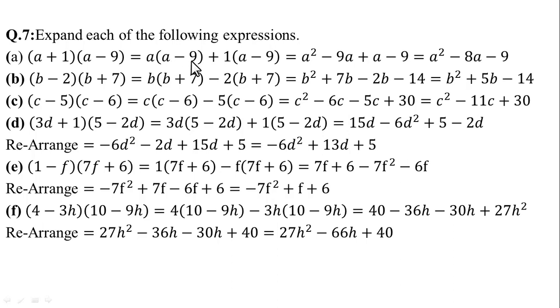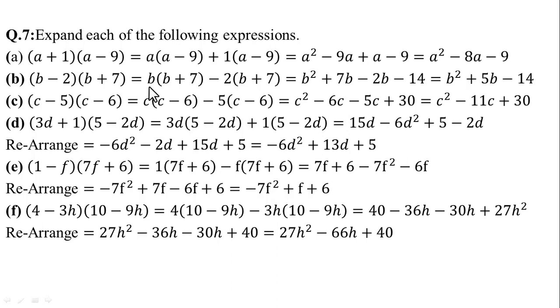A multiplied by this is equal to A square minus 9A plus A minus 9. Now adding the values, we have A square, minus 9 plus 1 is equal to minus 8A, minus 9.